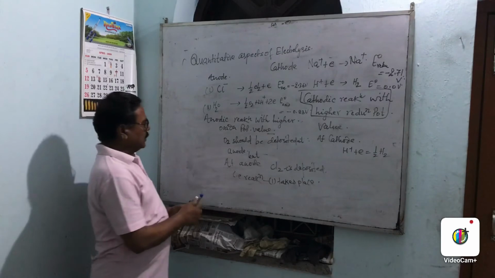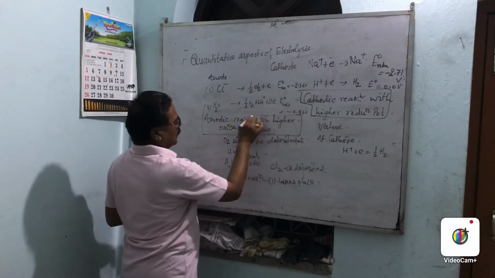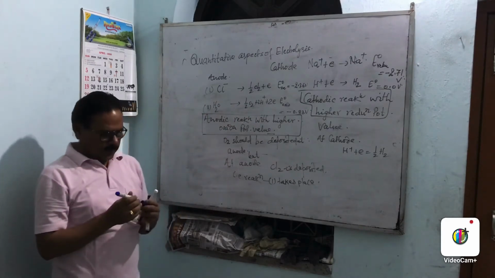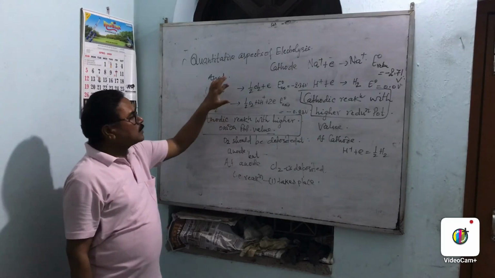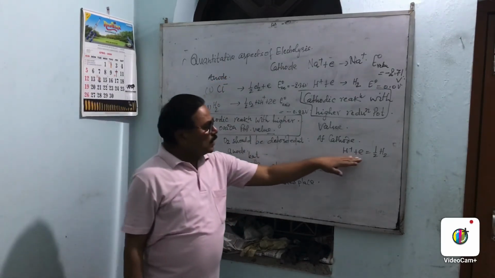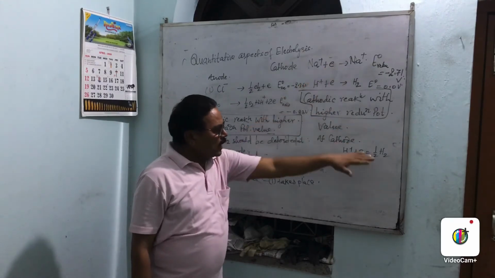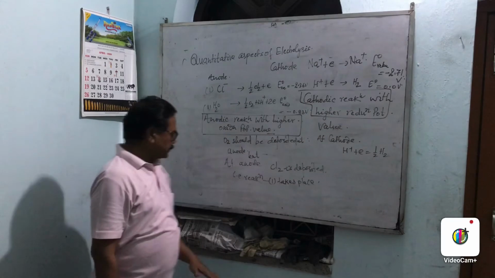This is the base thing, for cathodic reaction and for anodic reaction. So oxygen should be deposited, meaning water should get oxidized at the anode, and at the cathode sodium should not be deposited, hydrogen is deposited. It is quite clear.